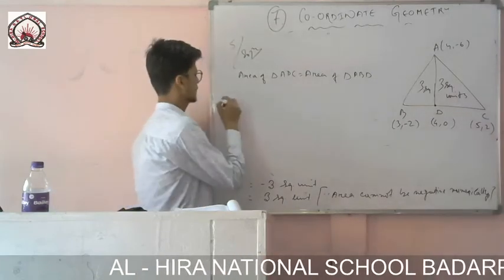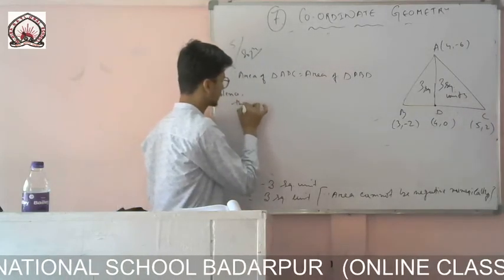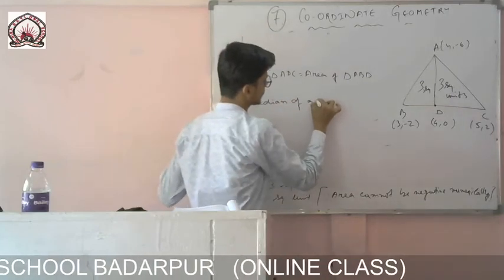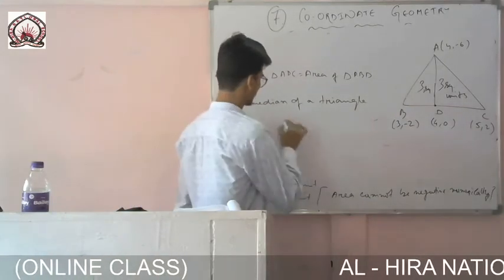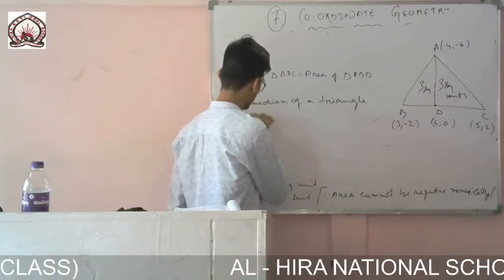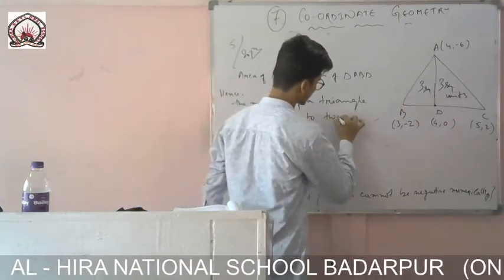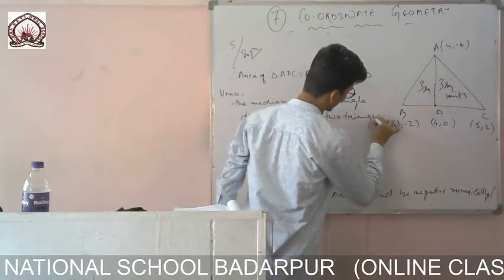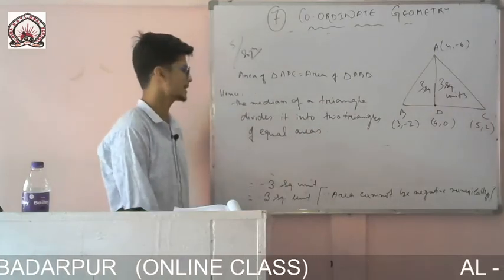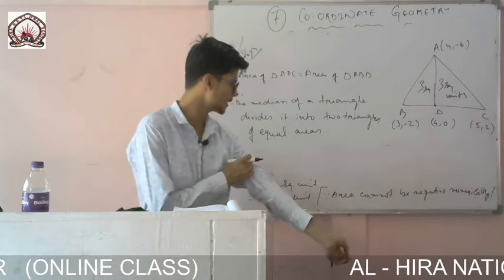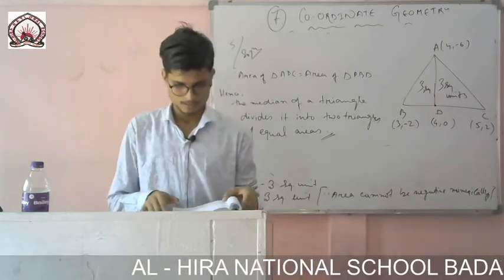So the last line will be: hence the median of a triangle divides it into 2 triangles of equal areas. So you can write that. So all of this I have completed.